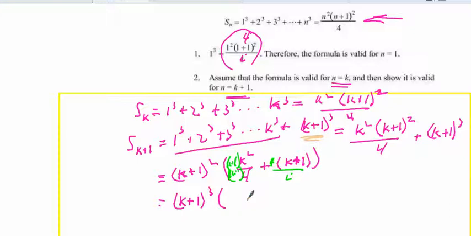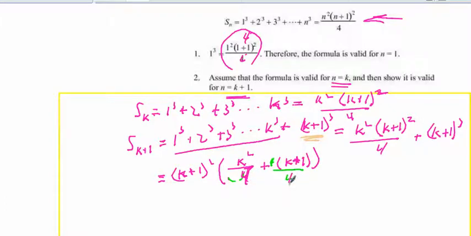Oh, I got an error there. I've got to back up a step. Let's take that back. I didn't need to multiply top and bottom by k plus 1, did I? All I needed was that 4. So I'm going to erase this. We did not need that. This is k squared all over 4.